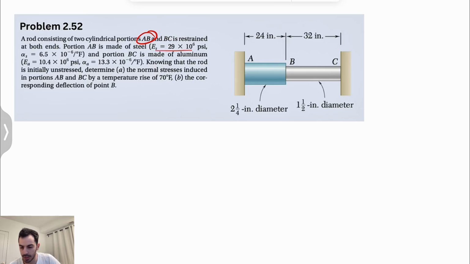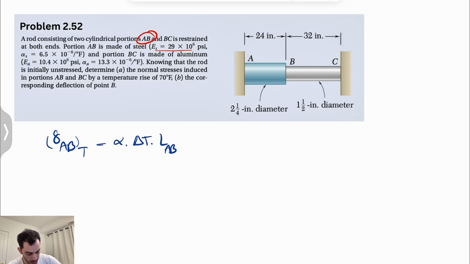So let's just figure out the elongation because of the temperature. I'm just going to show it with delta AB, and I'm going to put a T in here because it's coming from the temperature rise that we have, and the formula is alpha times delta T, or the temperature increase, times the length AB.